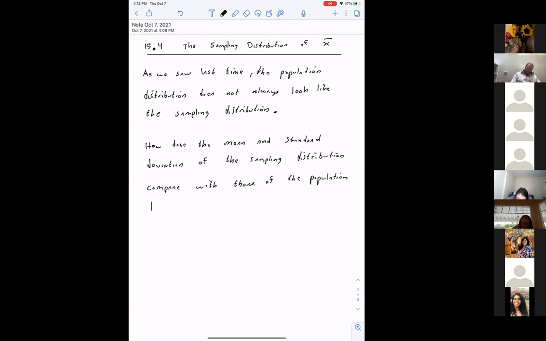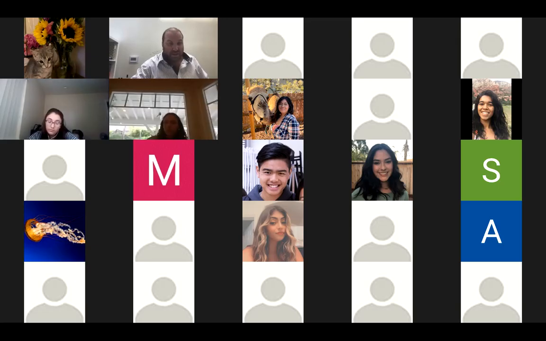We know that every distribution has a center, has a mean, and every distribution has a spread, has a standard deviation. And the question is, how does the sampling one compare with the regular one? And to illustrate that, I want to go back to that applet again.